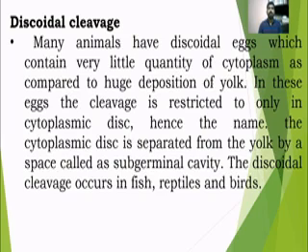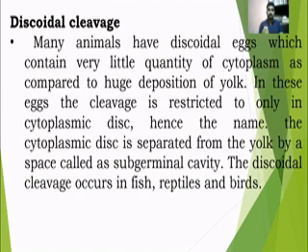Okay, in birds, fish, or reptiles, a large amount of yolk is present and a very rich quantity of cytoplasm is shifted toward the animal pole where the nucleus is present, and at that position the cleavage is started.